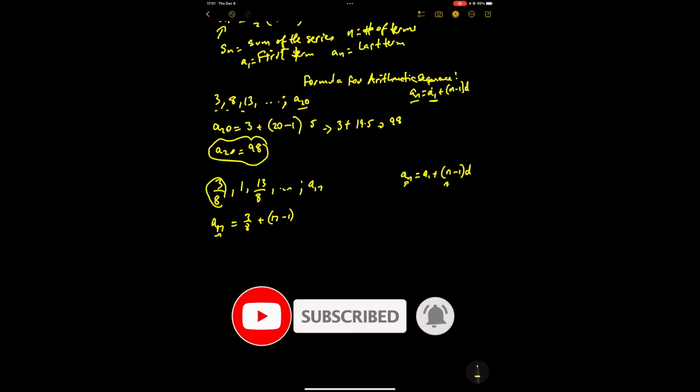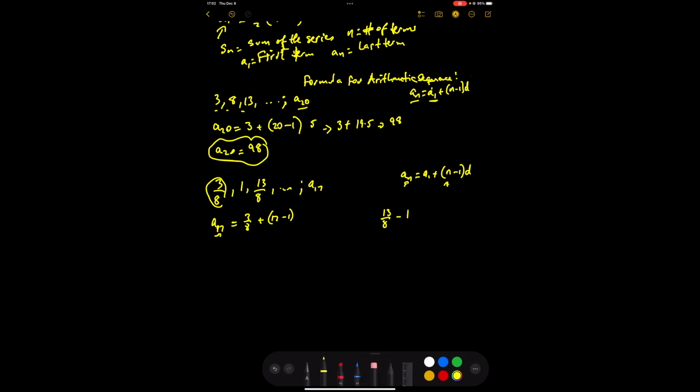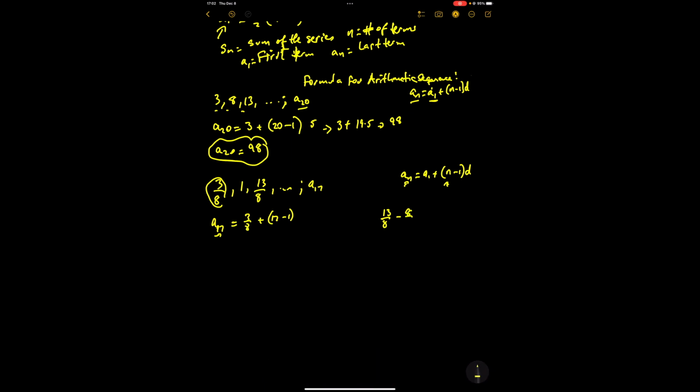Now what is d? We have to do the second term minus the first term. I can write 1 as 8 over 8, so the difference is 5 over 8.